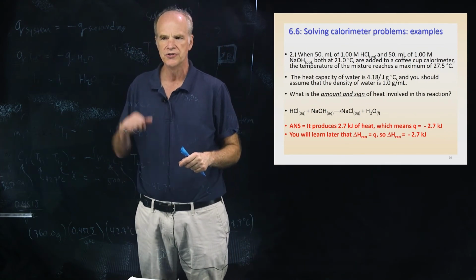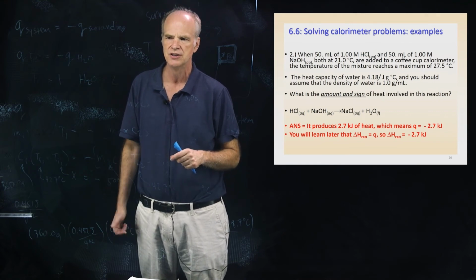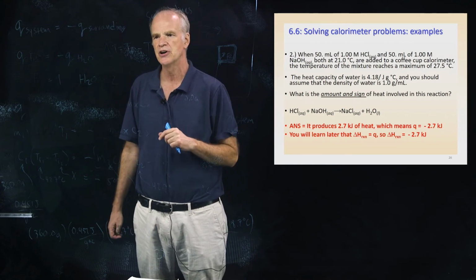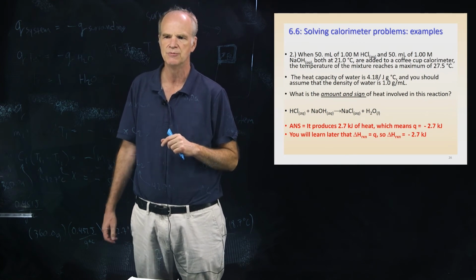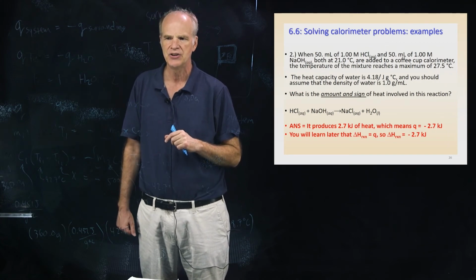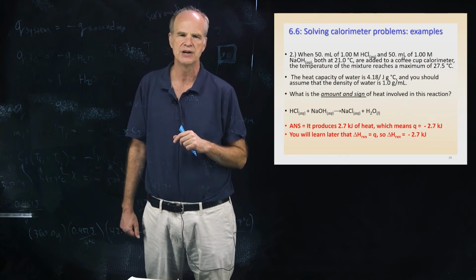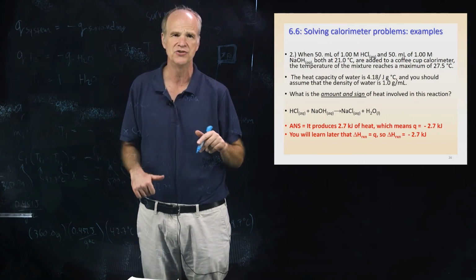So 50 mils of 1 molar HCl and 50 mils of 1 molar NaOH, both at 21 degrees Celsius, are added to a coffee cup calorimeter, and the temperature of the mixture reaches a maximum of 27.5 degrees. What is the amount and sign of the heat involved in the reaction? Okay, slightly different problem, but actually a little bit mathematically easier to solve.